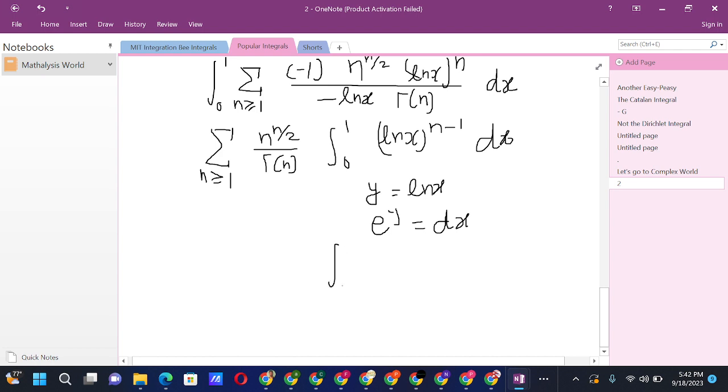Now this integral will be from 0 to 1, and sorry, we need to change the limits. So when x is 0, y is negative infinity, and when x is 1, y is 0, and it's y to the power n minus 1, and our dx will be just e to the power y dy.